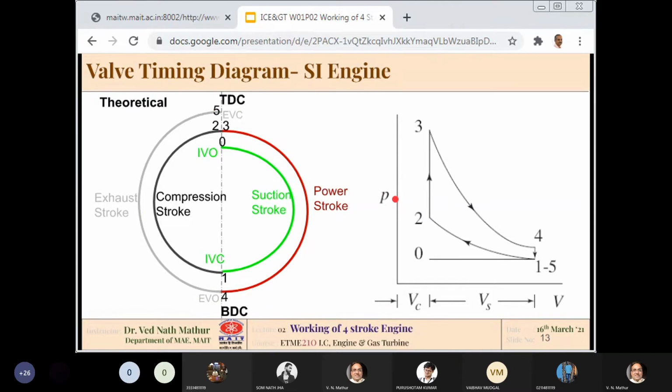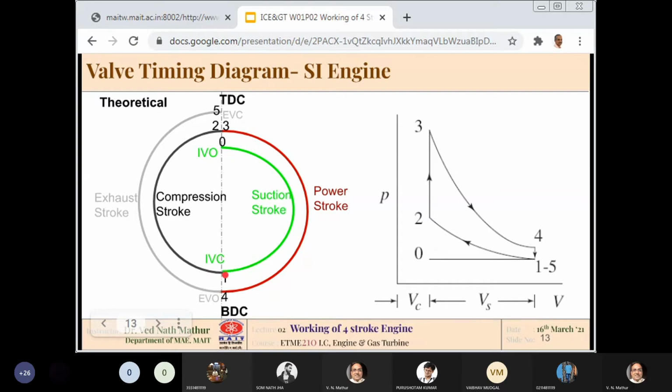Now, as I just said, the opening and closing of the valve is not instantaneous. It takes some time. So it's not initiated at that center position. Inlet valve opening can be slightly before top dead center position, and then you can have a suction stroke and charge is being sucked in. At point 1 also, some charge is coming in because of the inertia, because of the movement of the piston.